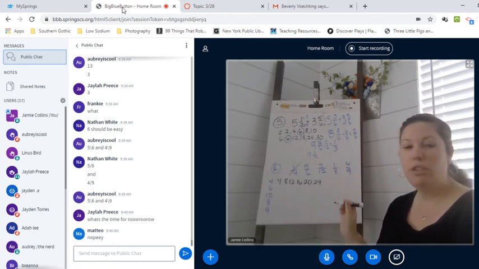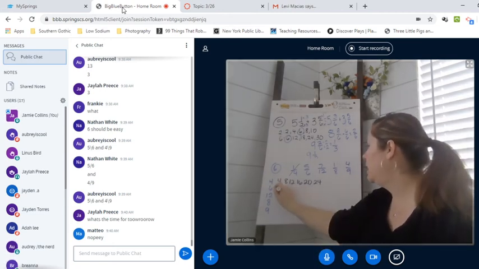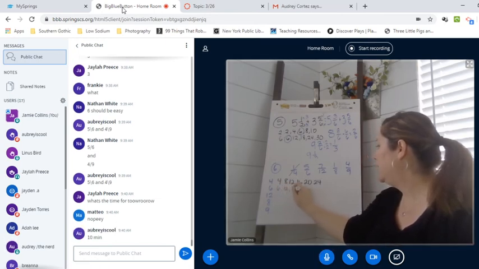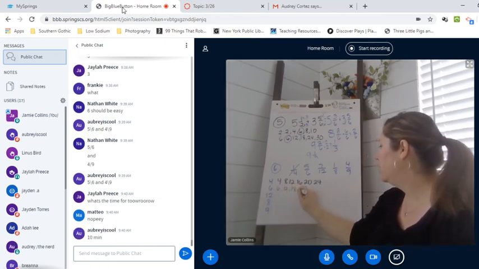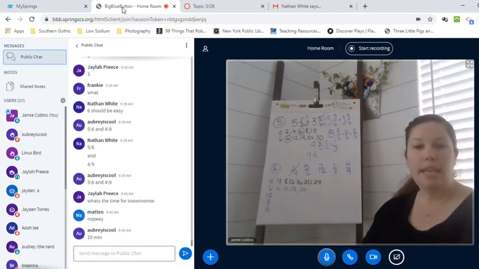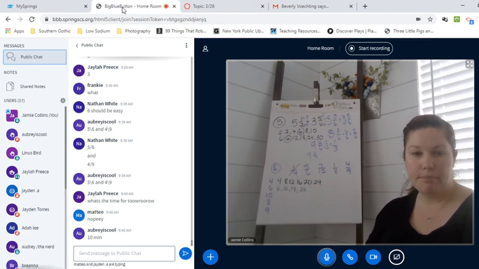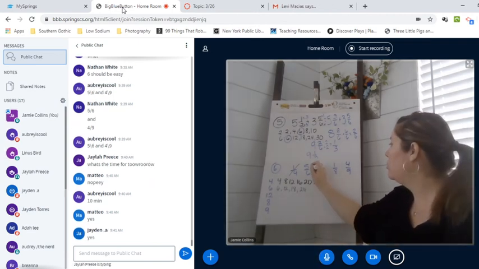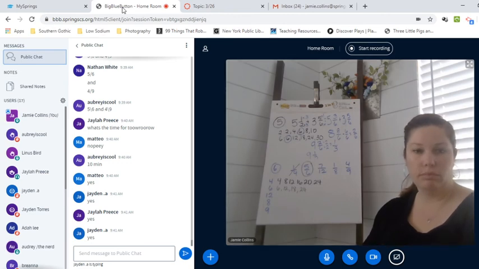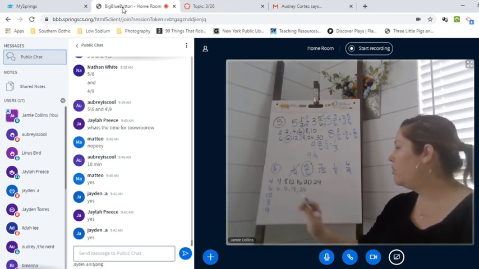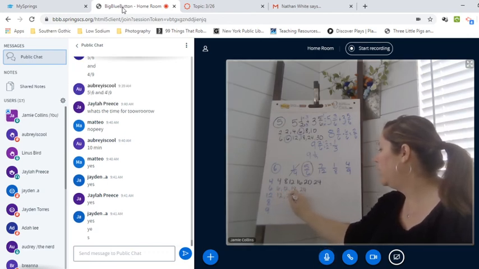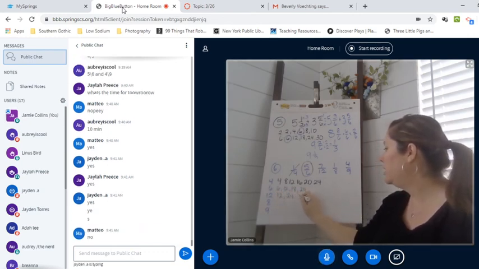Okay, now let's do 6. So 6, 12, 18, 24. Do you see an 18 in this one? Yes, so let's circle this because that is a possibility. Okay, now let's do 12. So we have 12, 24, 36.